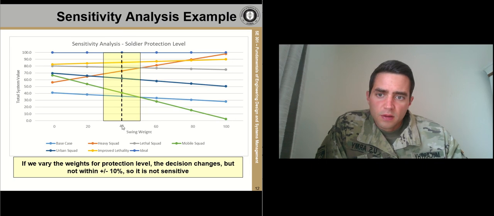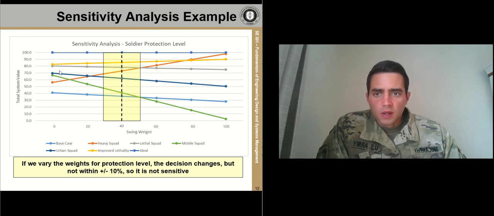So at a swing weight of 40, our total value for improved lethality is about an 87. Now if we were to change that, let's go to the left and lower the swing weight. Let's say we just move it down to 0. Then our overall value, from a change of swing weight in soldier protection level of 40 to 0, is 81.